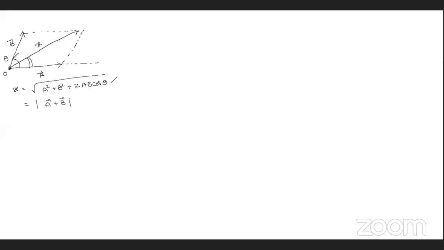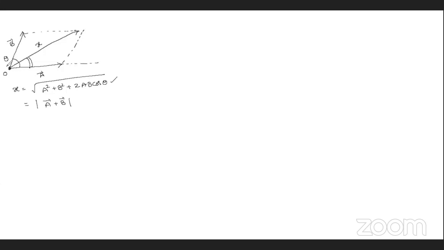Actually, the total angle is theta. I am asking about this angle. Don't say the resultant is bisecting the angle, that it may be theta by 2. I don't know, so I am going to find out what this angle is.